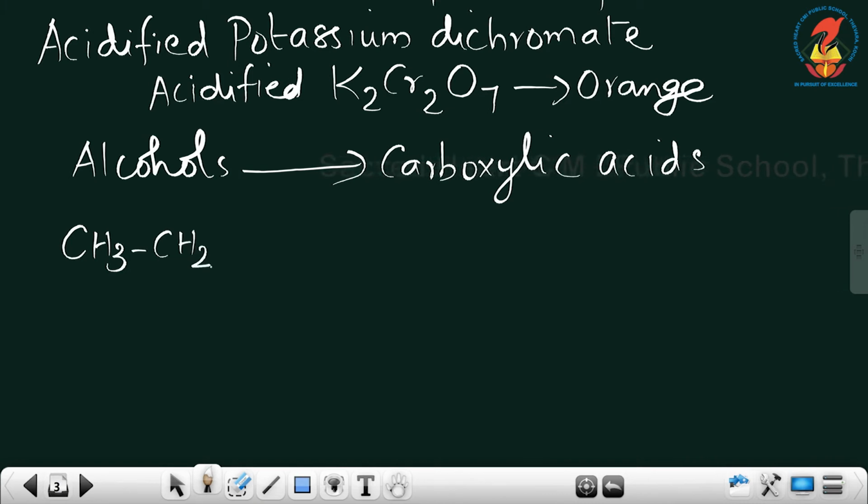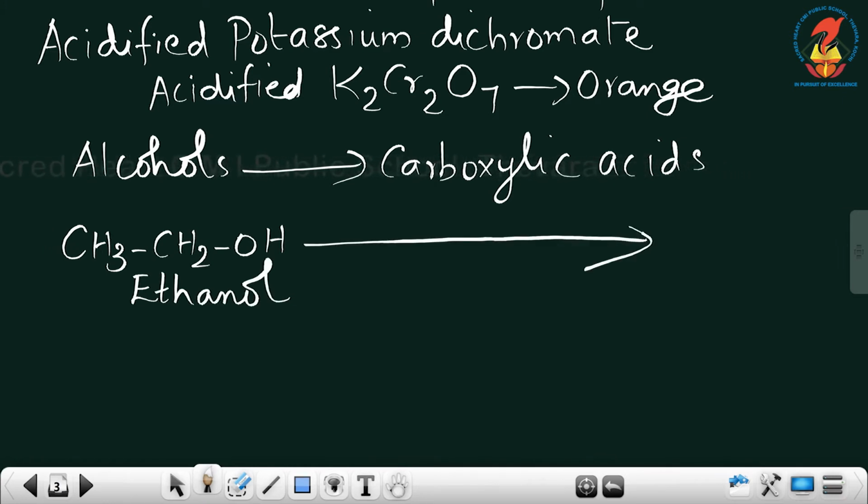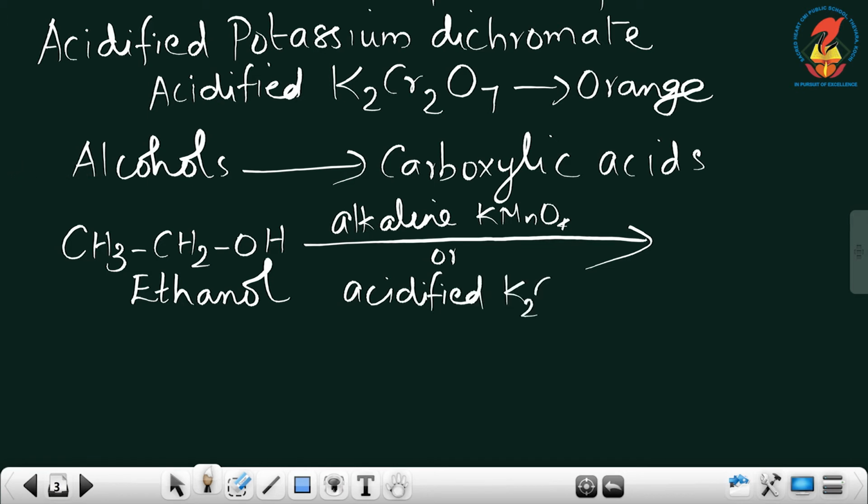CH3CH2OH. The name of this alcohol is ethanol. This is the example that is given in our textbook. So, what are the oxidizing agents used? Either alkaline KMnO4, or you need not take both, acidified K2Cr2O7, and you have to heat it.